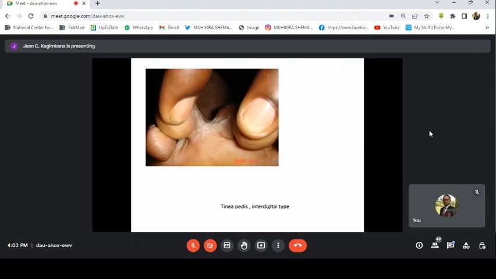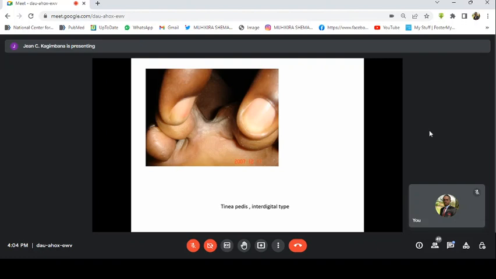Now, this one is a tinea pedis, interdigital type. Because of these jungle boots we always put on, in the morning you don't have time to wash your interdigital spaces well.